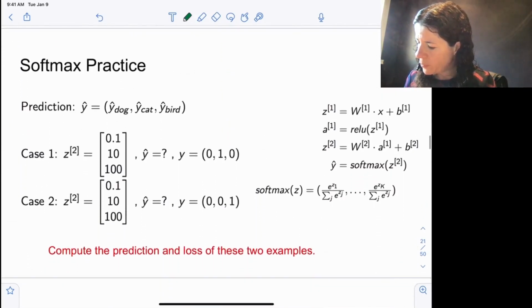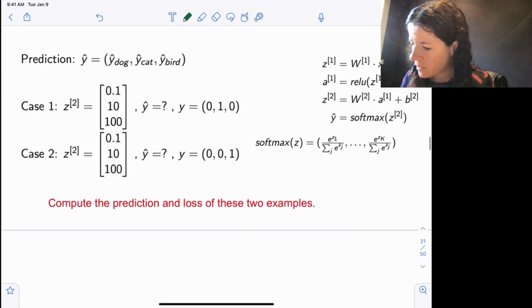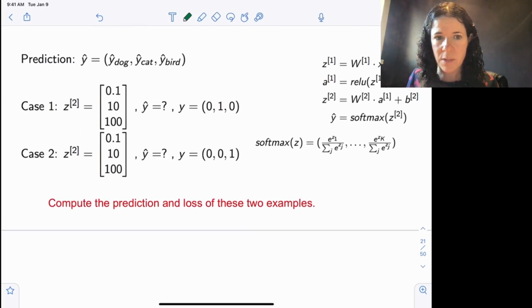So let's do a little bit of practice here. If you have issues and don't understand softmax very well, maybe it's a good time to stop the video and try to do it on your own. But I'm going to try to do the computation as well. So let's compute this and then also compute the loss.